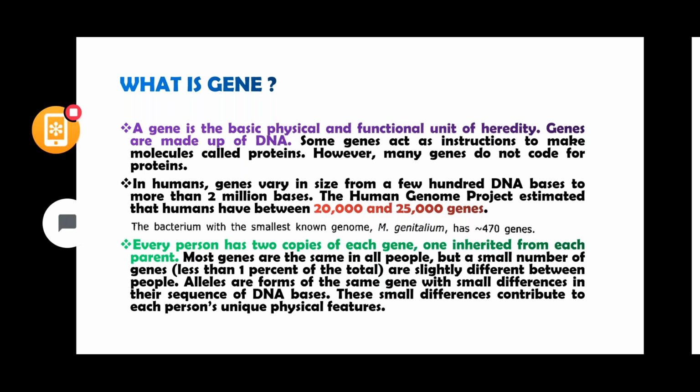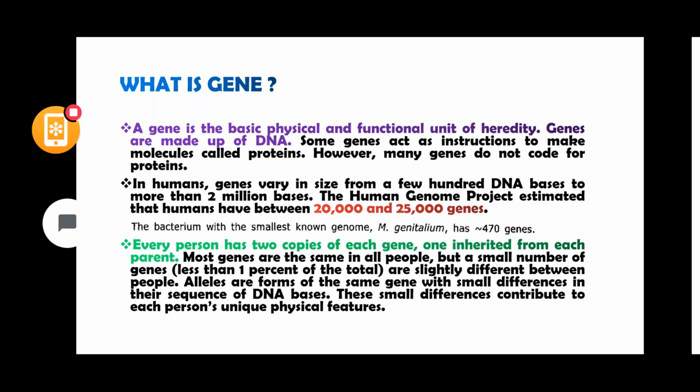The gene number varies from species to species also. The smallest known genome, with the fewest genes, is Mycobacterium genitalium, which has only about 470 genes, while humans have 20,000 to 25,000 genes.